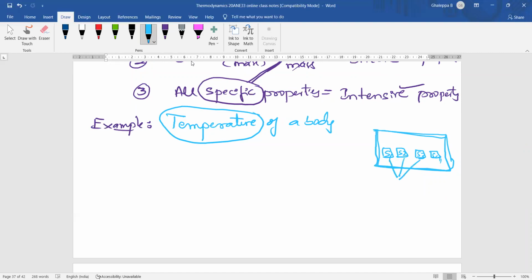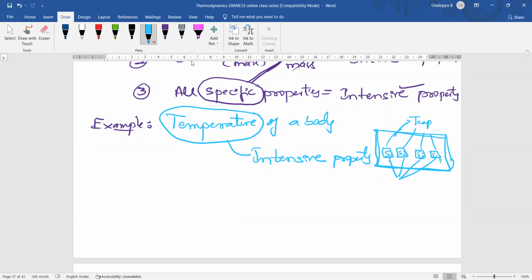All 4 students are in the same classroom, and the temperature of the system remains the same. It will not change with respect to the number of students. For one student the same temperature, for the second student, the third student, for 4 students, the temperature is the same. So temperature is an independent property, independent of the mass of the system. So it is intensive. Intensive property, remember. Temperature is an intensive property.